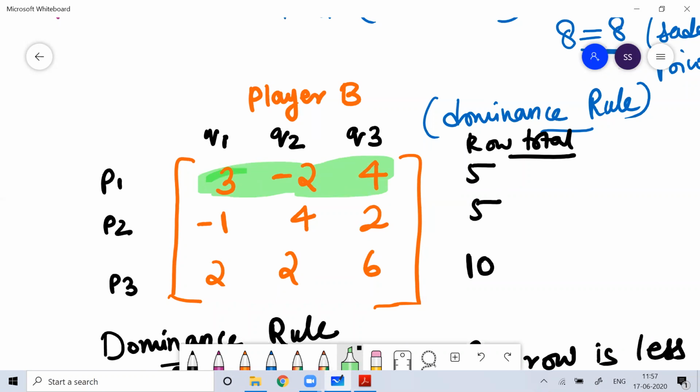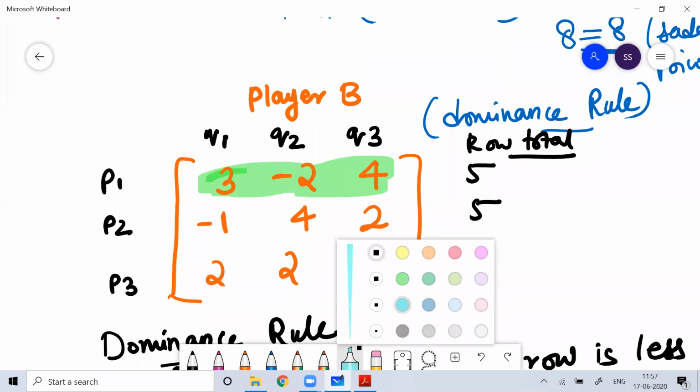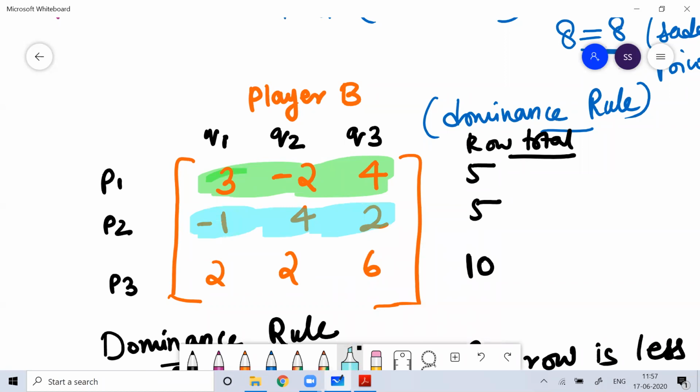Tell me, are all the elements of the first row more than or equal to all the elements of the second row, or are all the elements of the second row more than or equal to all the elements of the first row?